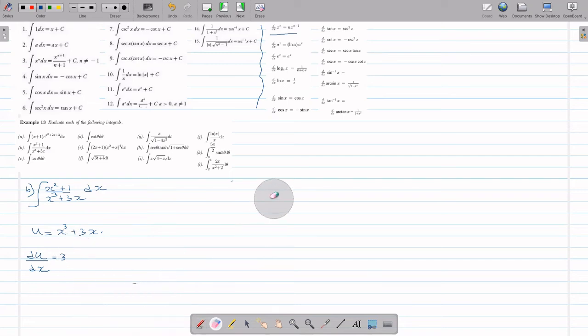Now I differentiate using the power rule, so this one I bring down the 3 and I get n minus 1. That is 3x squared plus 3.